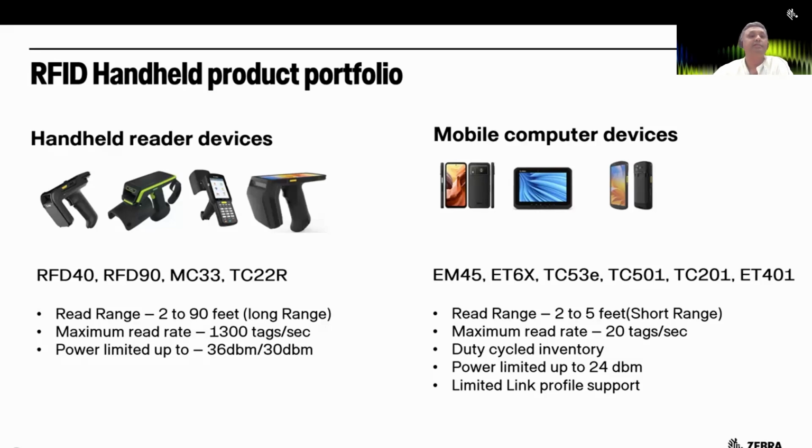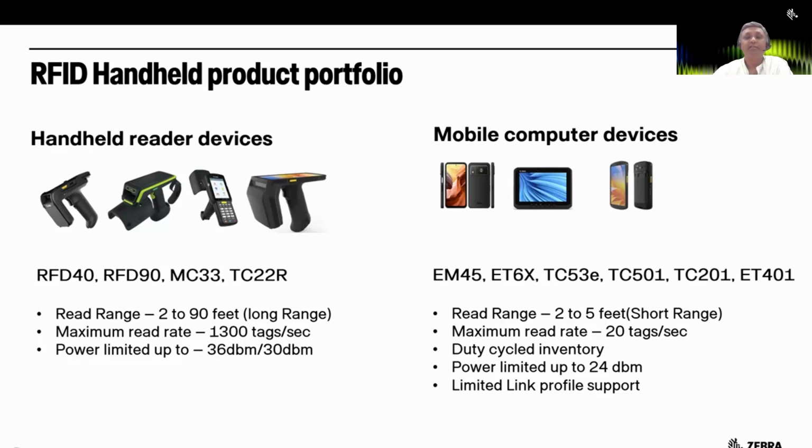They generally cover from 2 to 90 feet of read range, and they have a good maximum read rate, up to 1300 tags per second. The power limits are up to 36 dBm in some devices and up to 30 dBm in some devices.